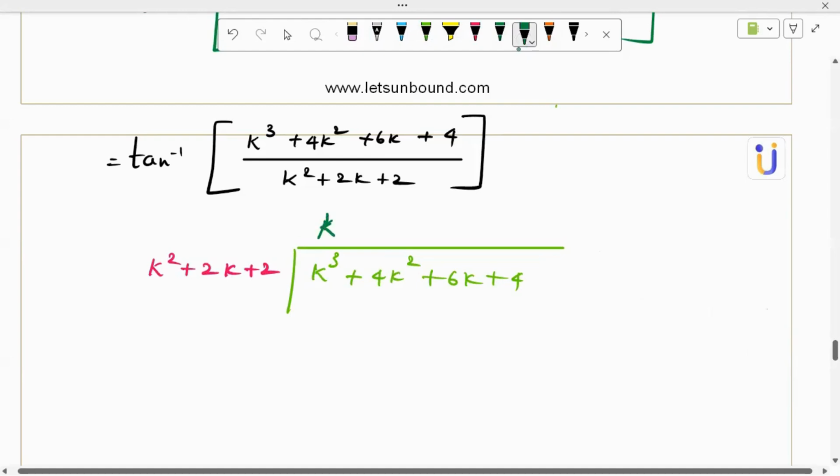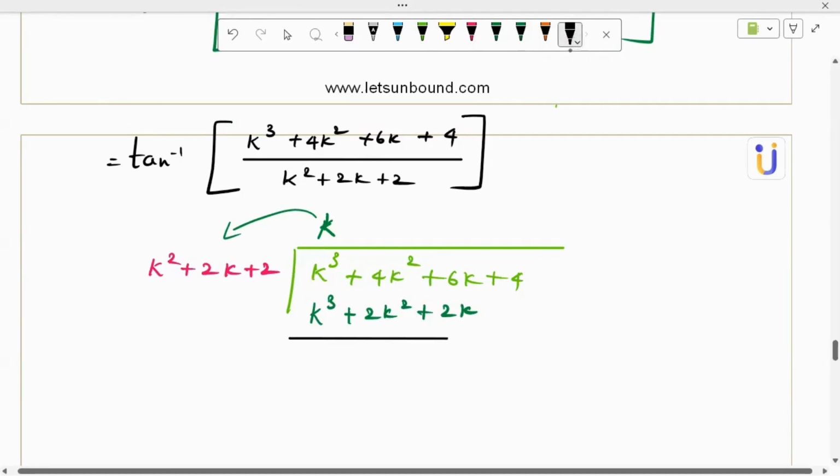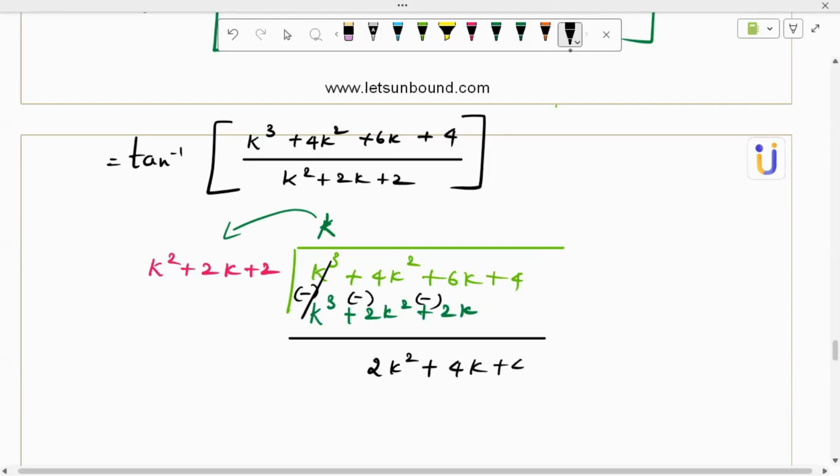First term divided by the first term. k cube by k square is k, so put the k on top and multiply this with the whole. You will get k cube plus 2k square plus 2k. Then change the sign for the new stuff, and you will get 2k square plus 4k plus 4.